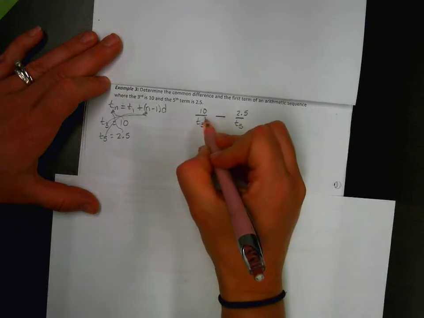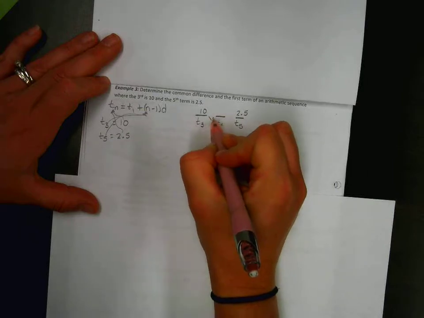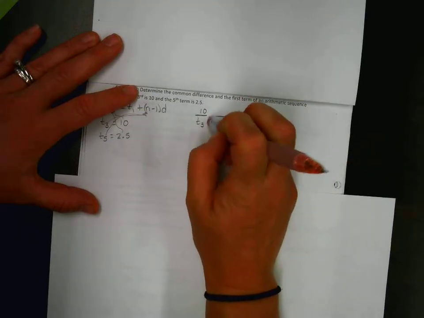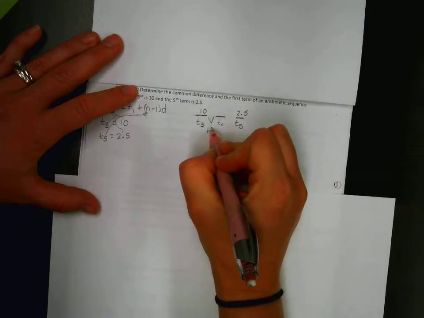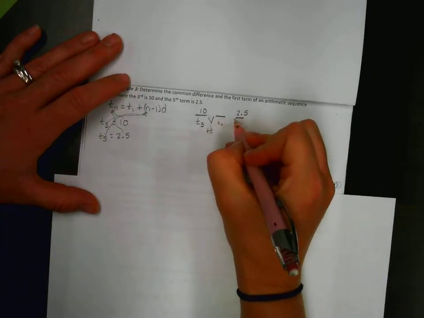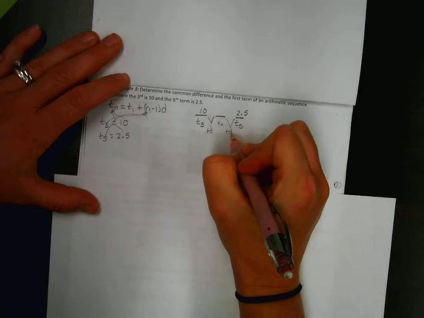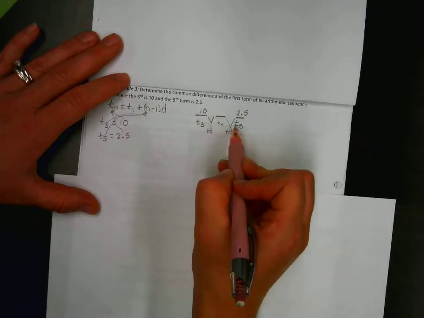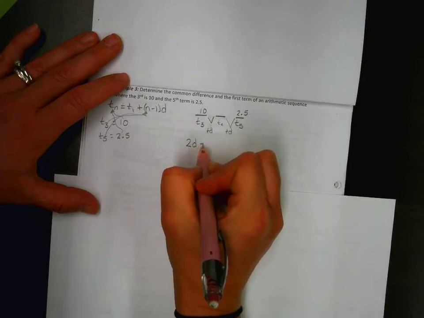To go from the third term to the fourth term, I need to add some common difference. And then to go from my fourth term to my fifth term, I have to add another common difference. So to get from my third to my fifth term, I need to add two common differences.